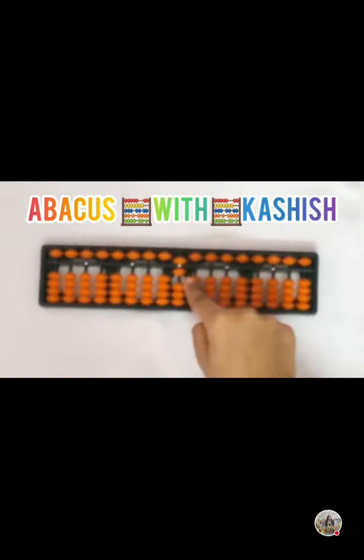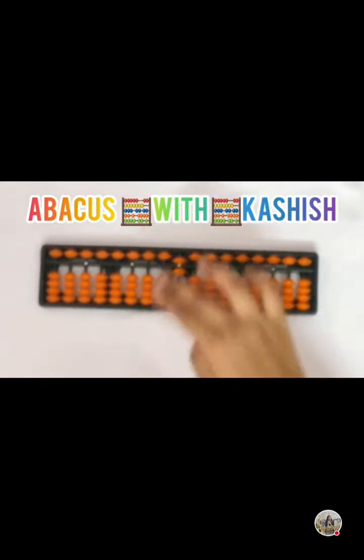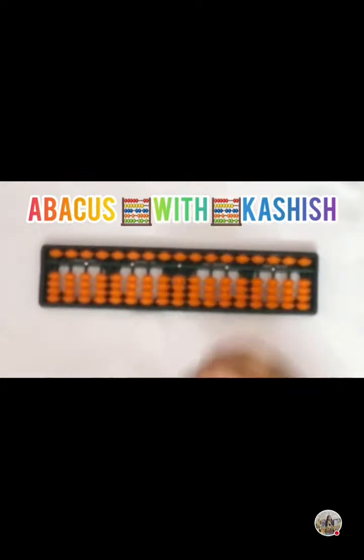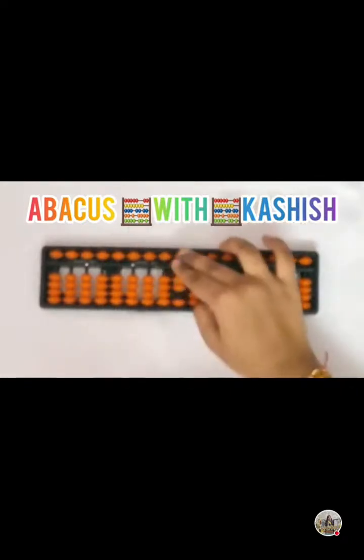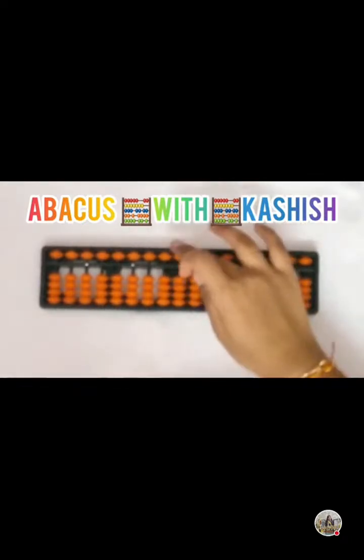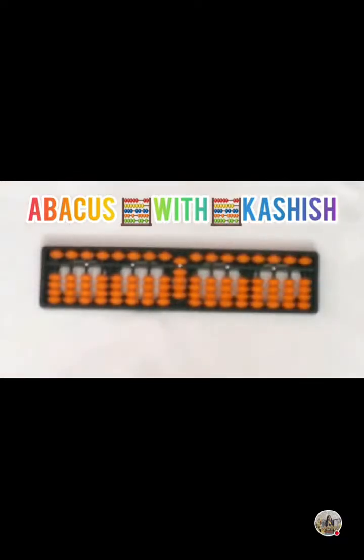So 5 plus 1 is 6. This is the value of 6. If we were to add 7, we would add 5 and 2, which is 7. If you want to add 8, we'll add 5 and 3, that is 8. If you want to add 9, we'll add 5 and 4, that will be 9.